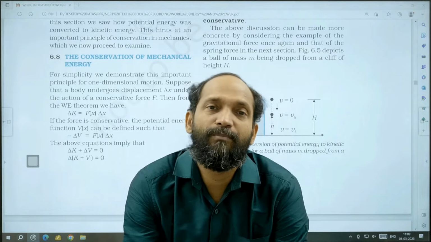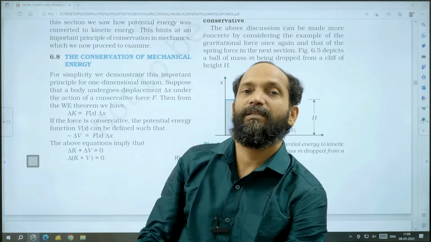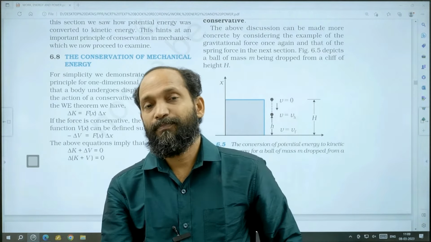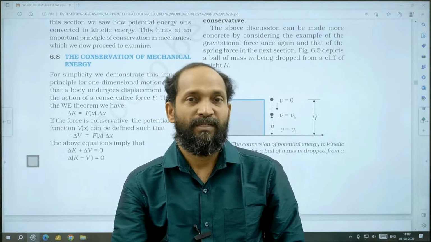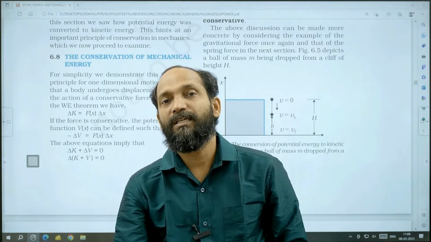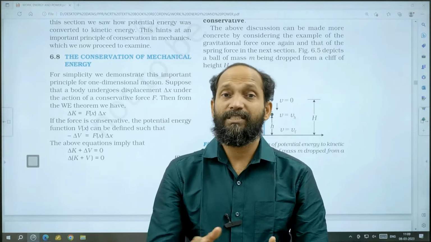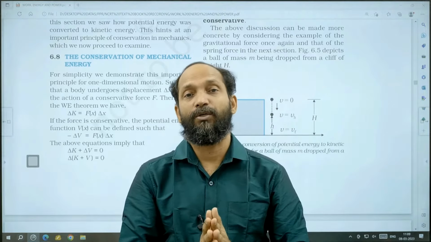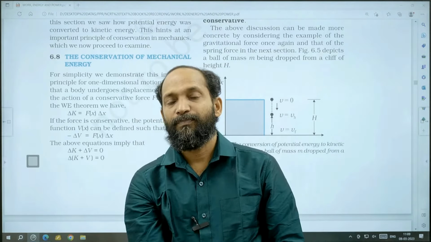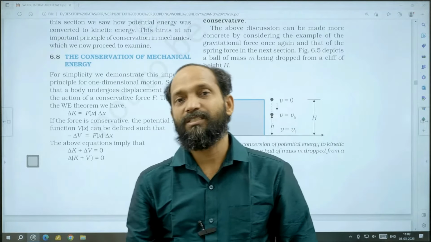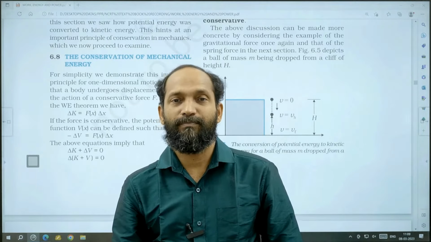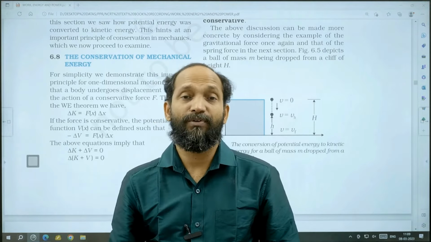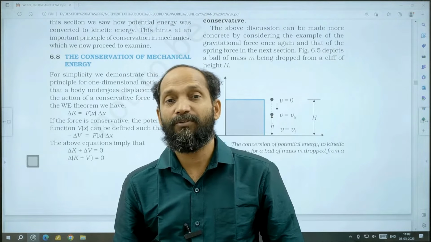For example, when a ball is dropped from a tower from rest, initially the ball is at rest. Its potential energy is maximum, and kinetic energy is zero. So mechanical energy is equal to its potential energy. Falling down, when it reaches the ground, we assume the ground as the reference line, since potential energy needs a reference line.